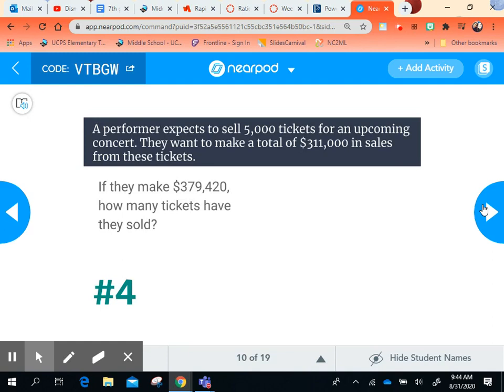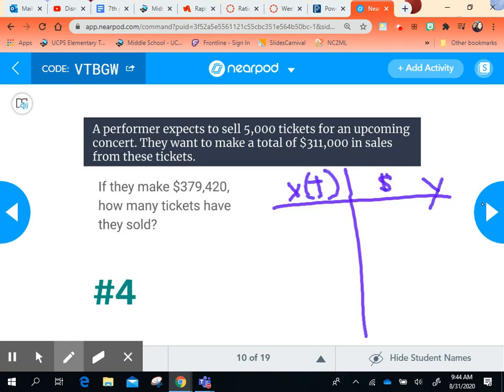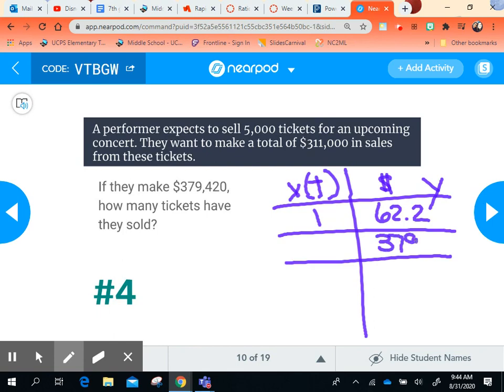Okay, so continuing on in your table. And I'm not going to draw out the whole thing again. I'm just going to put basics. Okay, so we had 1, and what was our unit rate? What was it? 62.2. So now it's asking if they make $379,420, how many tickets have they sold?